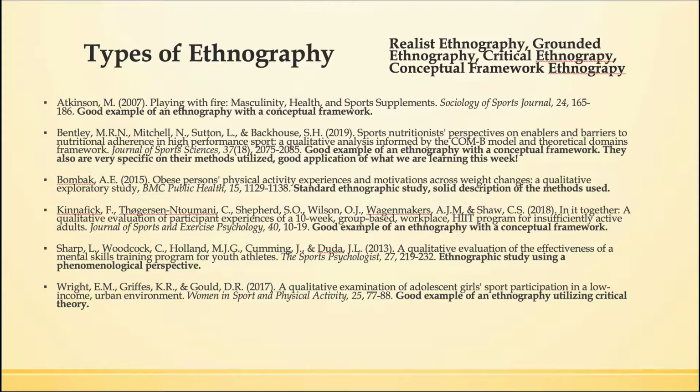Again, a real good question. And by utilizing the critical theory perspective with this ethnography, it allows us to examine this impact from a power perspective, as well as utilizing their socioeconomic status in determining sports participation.